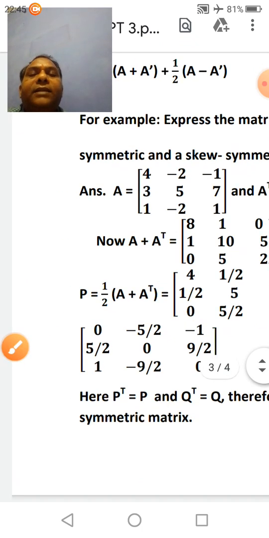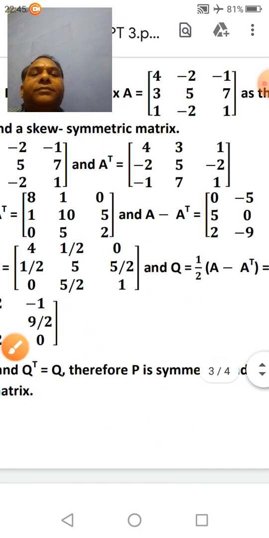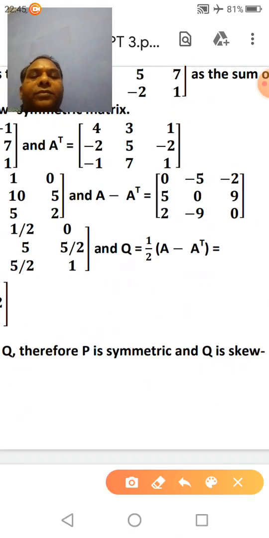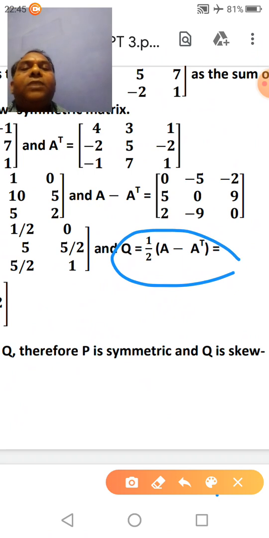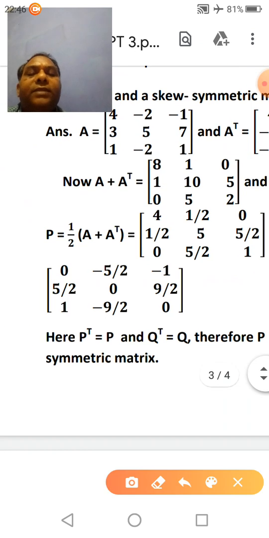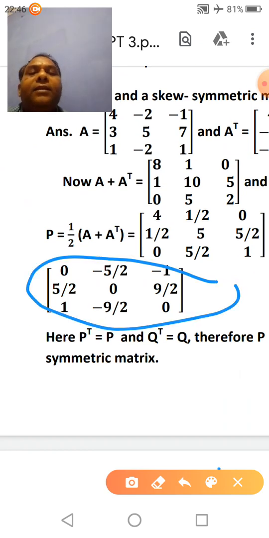Then find a matrix Q, which will be equal to half of A minus A to the power T, which will be equal to this one. Clear?